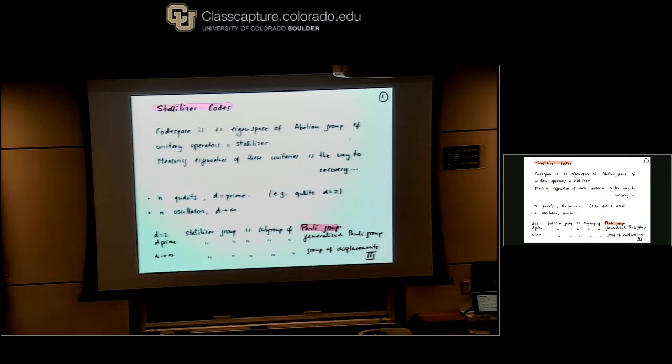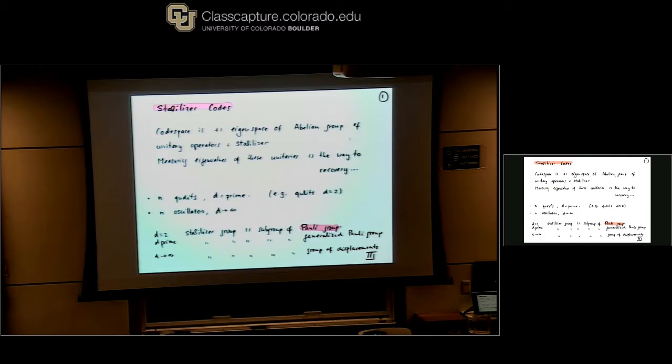For stabilizer codes of qubits, it's a subgroup of the Pauli group, so tensor products of Paulis. And this abelian group, so all these Paulis have to commute, you call the stabilizer. Otherwise, they don't have a common eigenspace. So that subgroup is called the stabilizer.